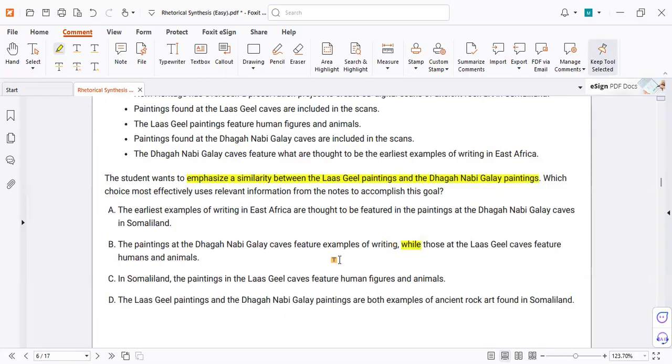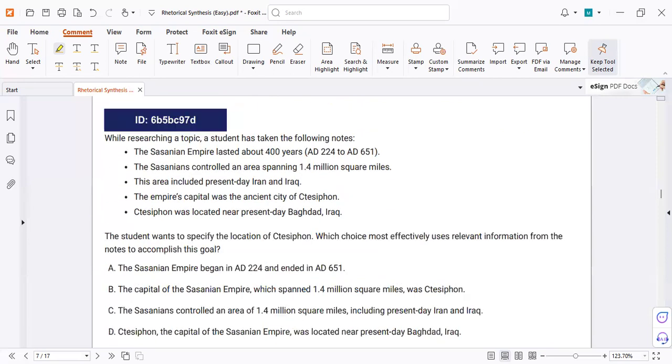D. "While" shows contrast, so no B. Here he said "both," so it's letter D. Okay. Here both of them. Okay, what is next?